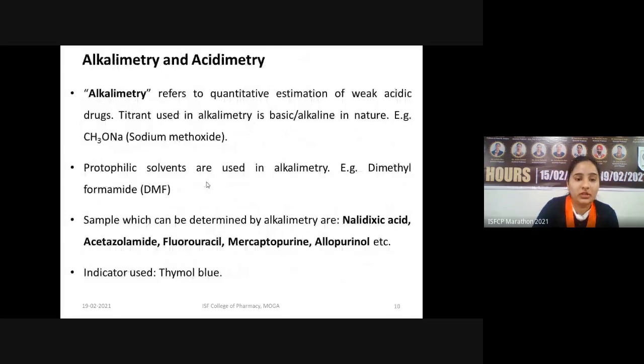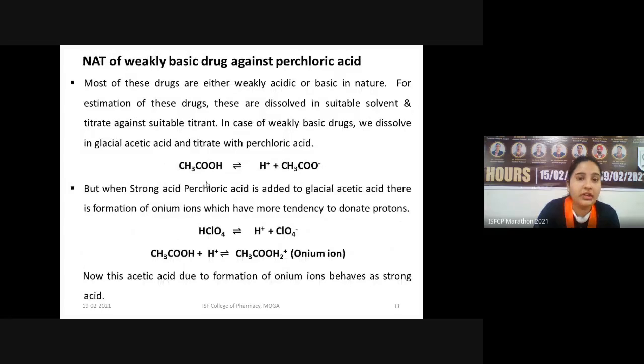This was all about the acidimetric titrations. In acidimetric titrations, what we have studied is that it is used for the quantitative estimation of weak bases. The titrant used here is acidic in nature.